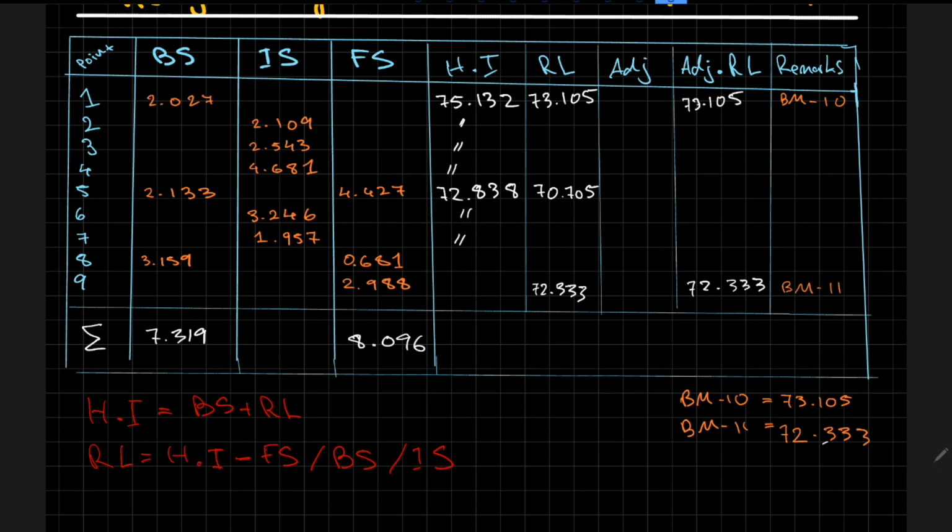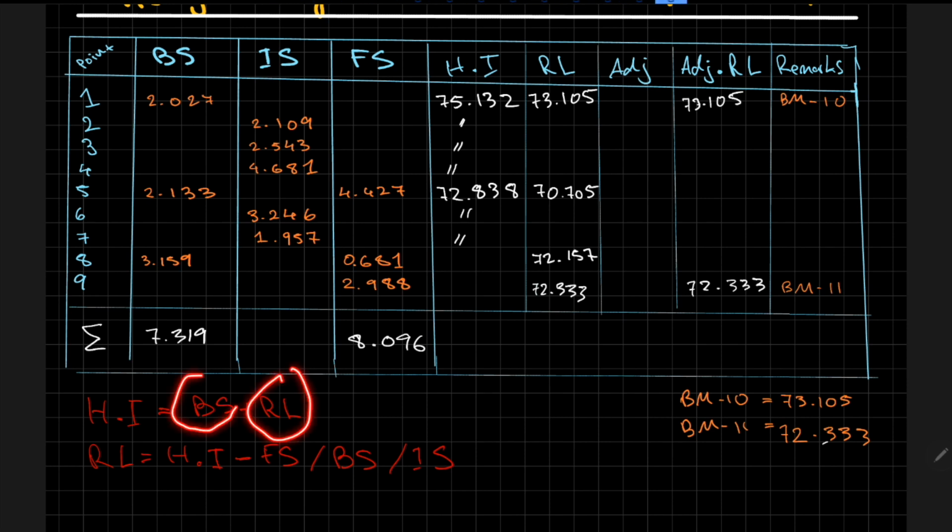So 72.838 minus 0.681. So we got 72.157. Okay, perfect. Now we have the reduced level.